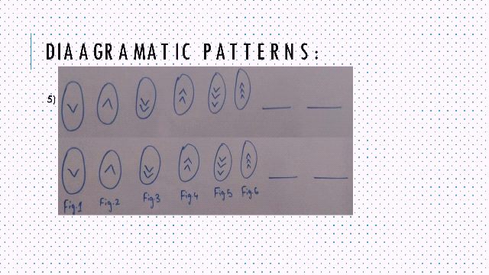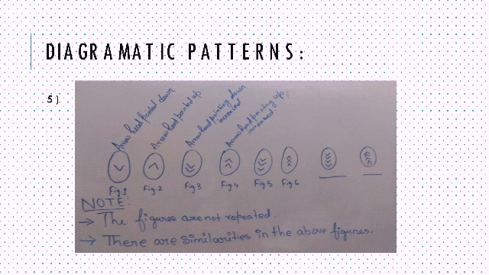That means in figure number 1, 2, 3, 4, 5 and 6 there is no repetition, but there is similarity between the diagrams. So look here, the diagram of question number 5 is explained here. First, arrowhead pointing downwards, arrowhead pointing upwards, then arrowheads pointing downwards increased by 1, arrowheads pointing upwards increased by 2.